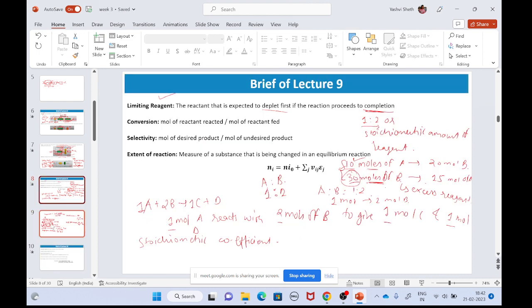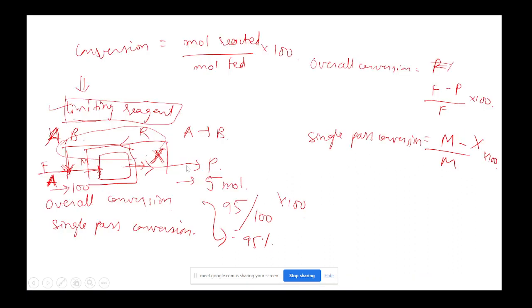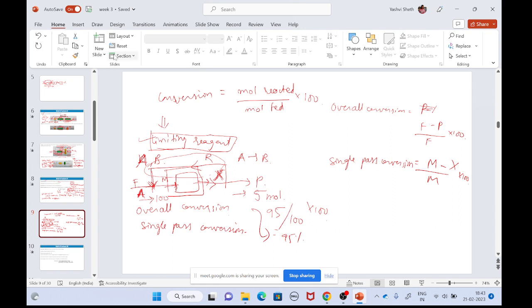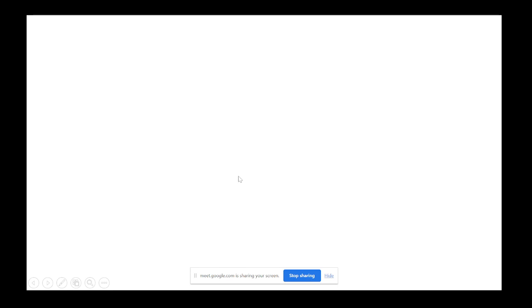Next definition is for the selectivity. So selectivity is for the reactions where we have two types of products.